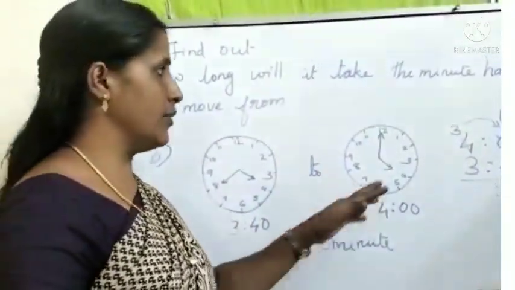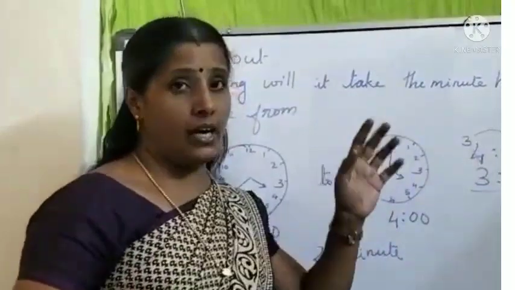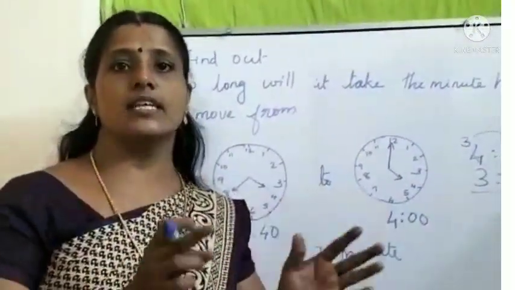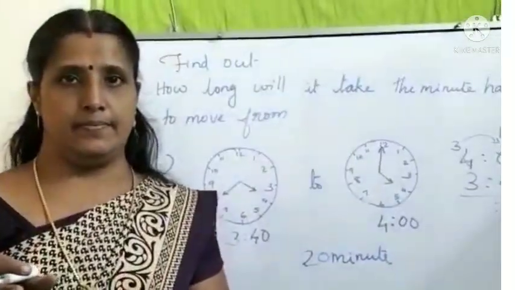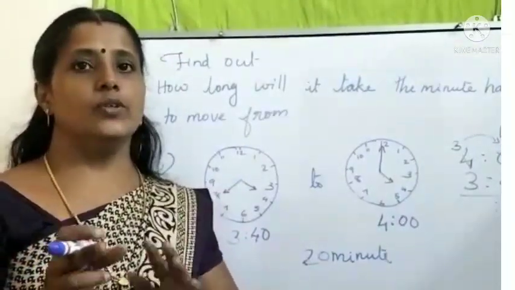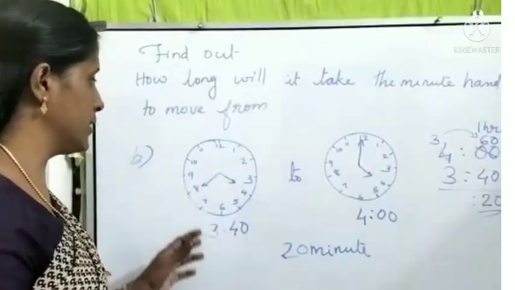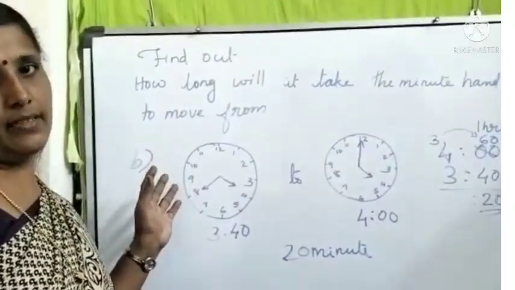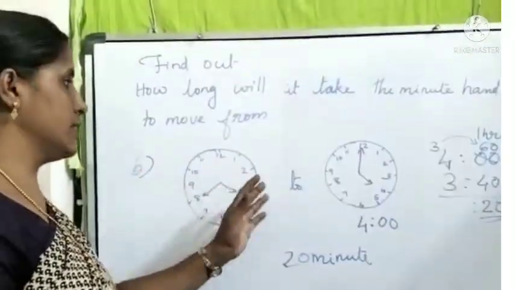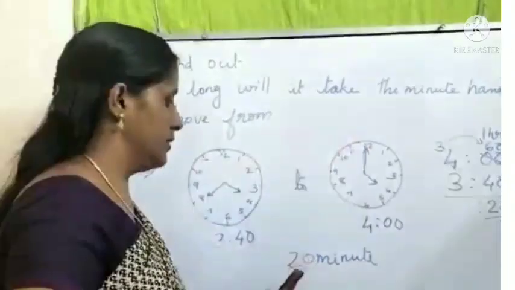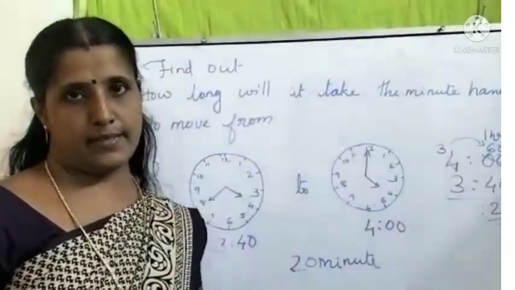But here we have to borrow from hours to minutes. That conversion is 1 hour equals 60 minutes. So some difficulties are mentioned here, so you can find the answer in an easy way. Understand? So the difference between the minutes from 8 to 12 is 20 minutes.